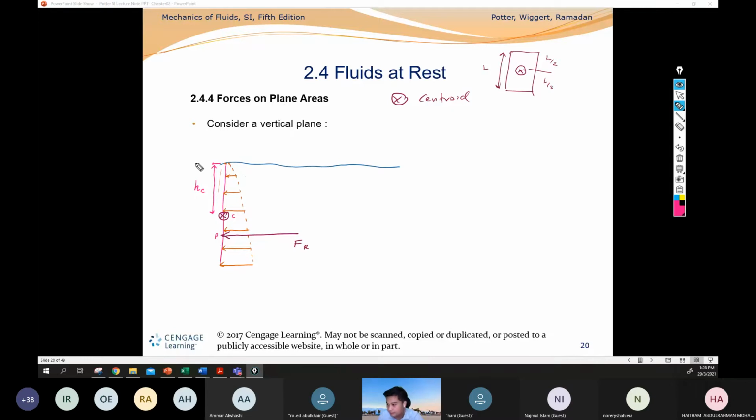From here to here, we call it H P, the height from the surface of the water to the location of the resultant force. All right, please remember that. So far, do you have any question?